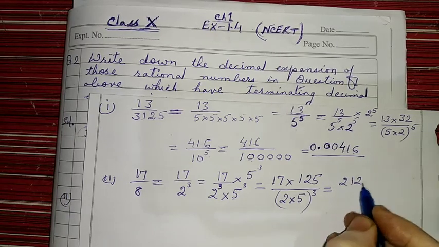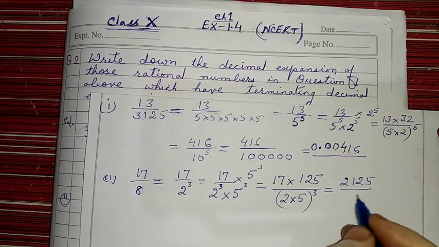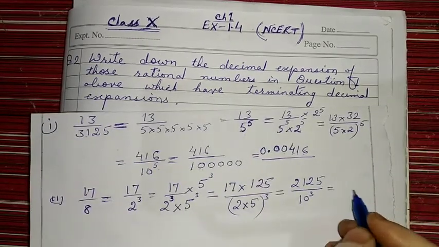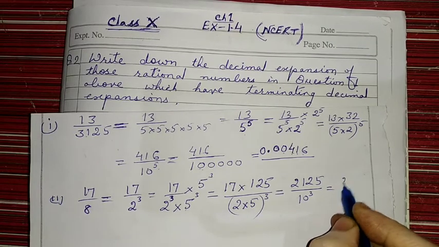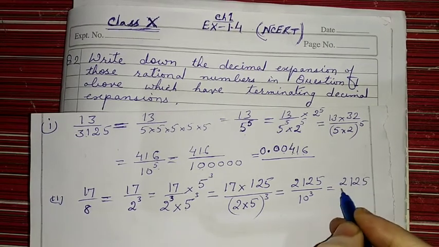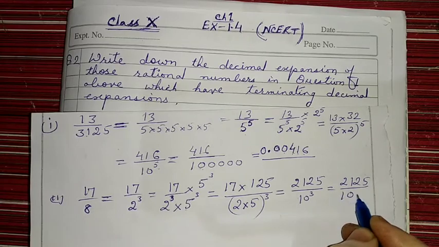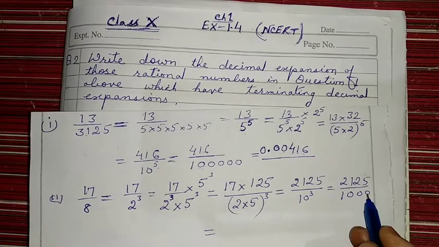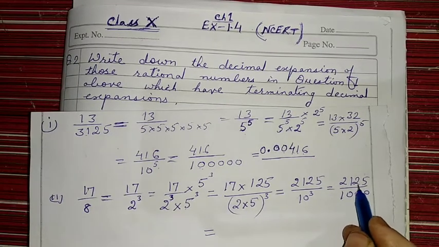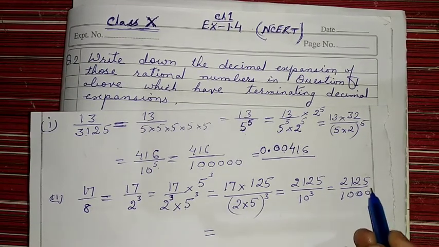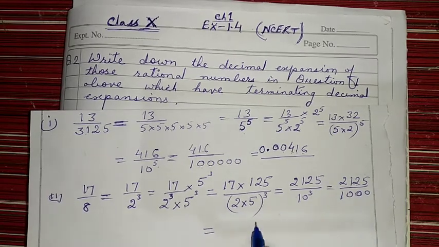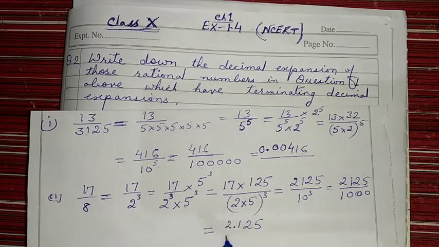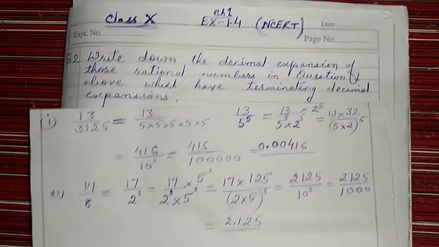And 2 into 5 is 10, so 10 to the power 3, which is 1000, a 1 and three 0s. Since three 0s are given, the decimal will be after 3 digits from the right side: 1, 2, 3, that means 5, 2, 1, then the decimal point, and then 2. This is the decimal expansion.